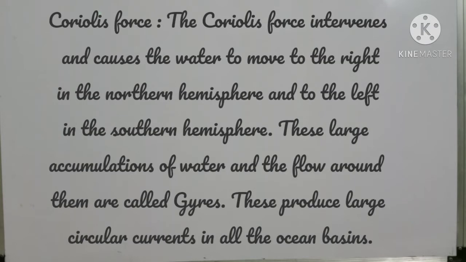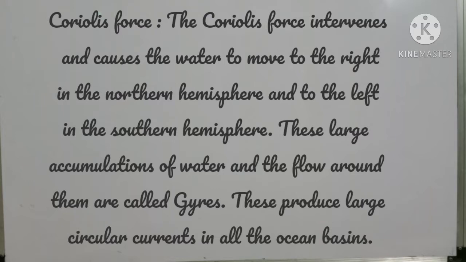Another factor is the Coriolis effect. Due to the Coriolis effect, the moving water turns and flows in an elliptical path, which is also known as a gyre. The water circulates in these gyres clockwise in the northern hemisphere and counterclockwise in the southern hemisphere. So these are some primary forces.